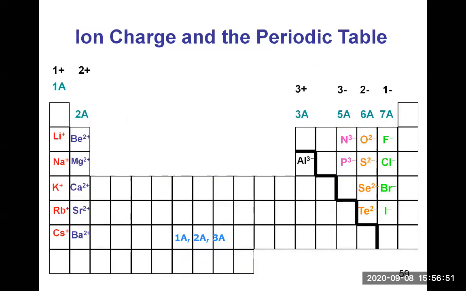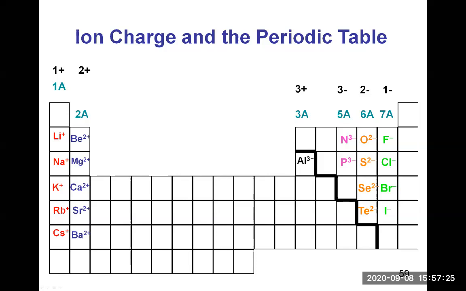So all these elements will form negative 1 ions. So let's look at the periodic table that shows that. So you have those group numbers 1A, 2A, and 3A. These are metals, right? They are on the left side of the steps. And so the alkali metals, which are group 1A, form positive 1 ions.